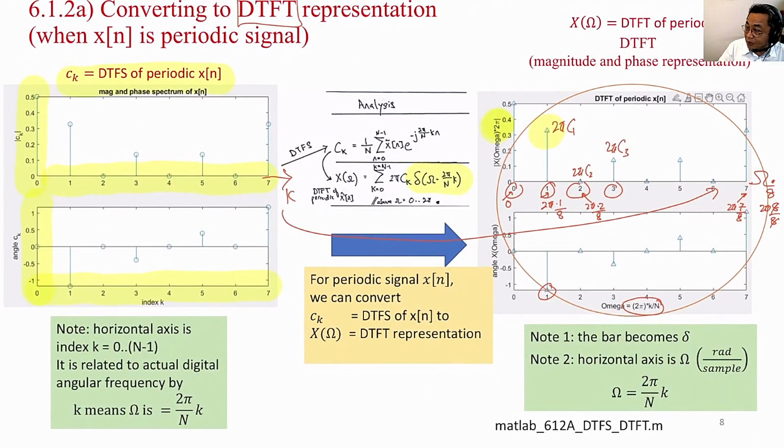The phase remains the same, only the magnitude is changed by 2 pi. If you look at the equation carefully, it's 2 pi times Ck, but only the magnitude is changed, the phase will not be changed. So this slide on page 8 shows how we convert the Ck's to the DTFT representation of a periodic signal. Thank you.